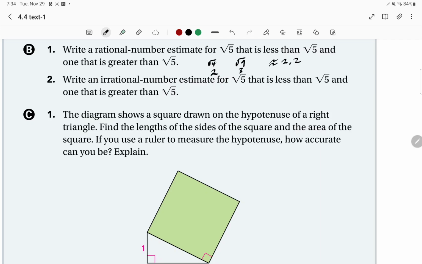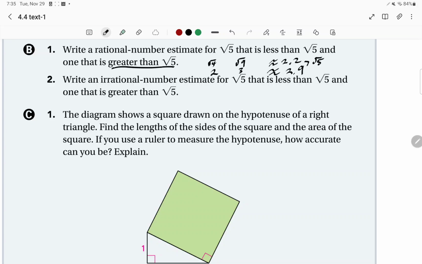So right there, that's 2.2. And then a rational number estimate greater than. We know that it's going to be a number that's probably really close to 3. So maybe one that's greater than would be 2.9. So the square root of 5 is likely between those two values.